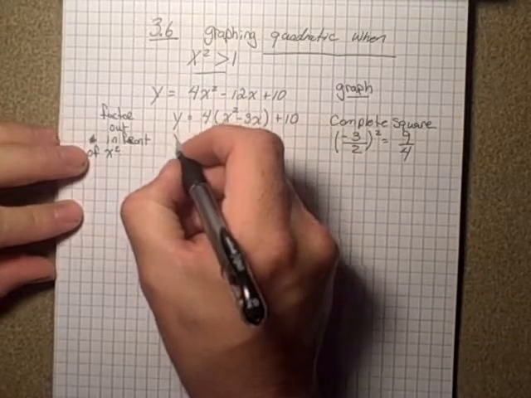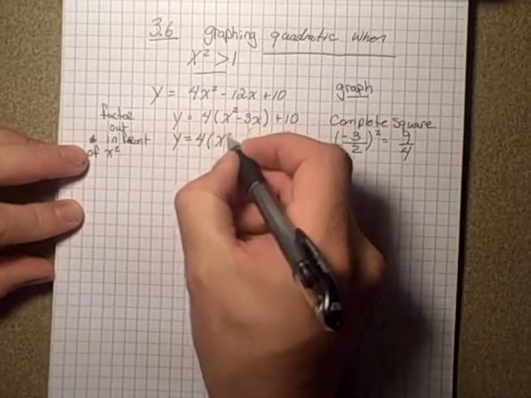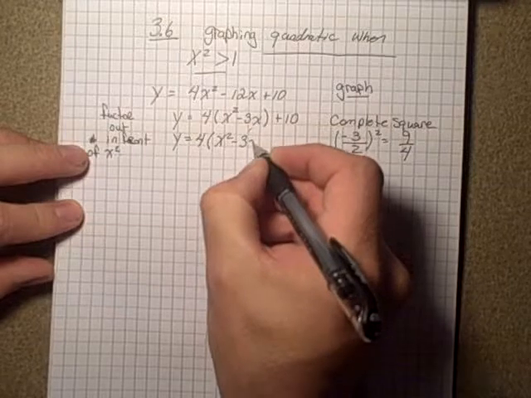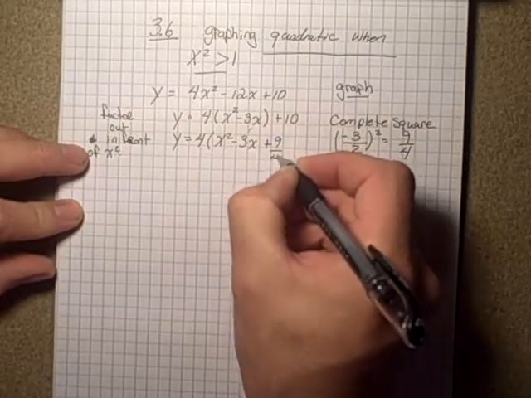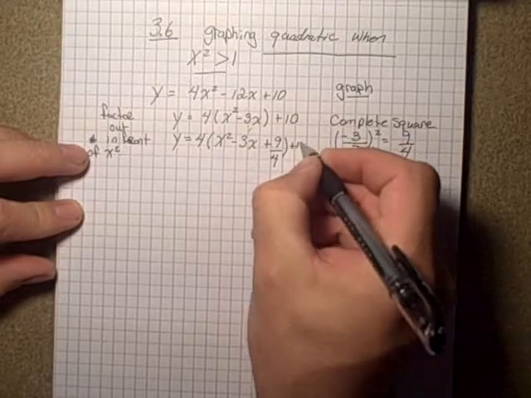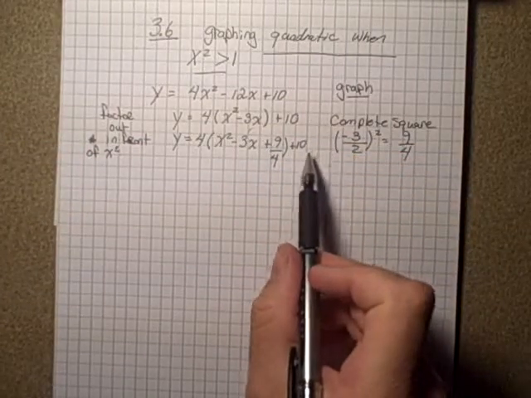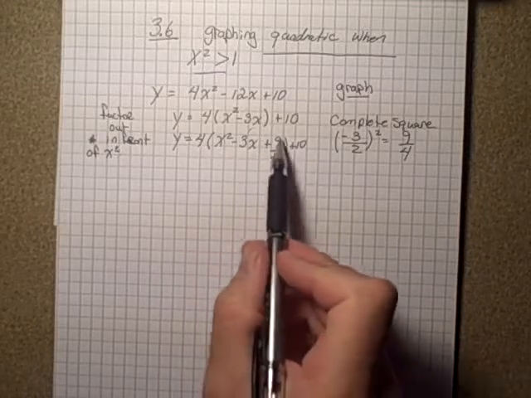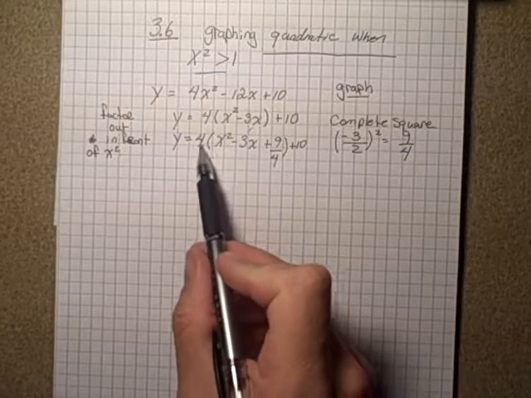So we'll add that in now, keeping the 4 outside. We're adding that in the brackets. So we'll have to subtract a number out here. But the number that we actually added to the equation isn't just 9 over 4. It's 9 over 4 multiplied by 4.